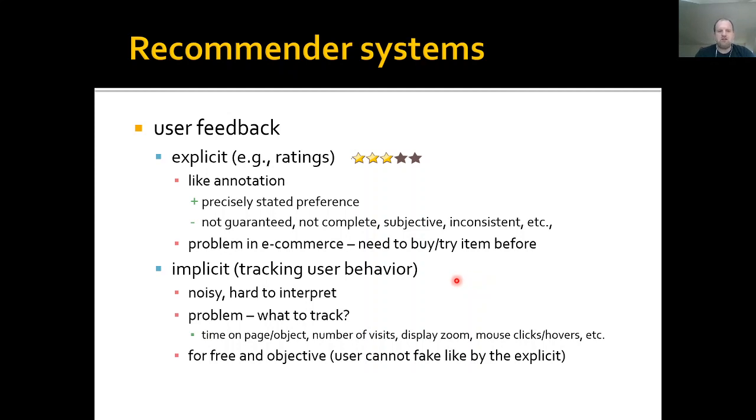So the user is not forced to give feedback. The user is just left to do the activity that the user is used to do in the application. For example, if the user is browsing some products in an eShop, the user is just browsing, and during this browsing there are observed some interactions that basically can aid the system what the preferences of the user are.